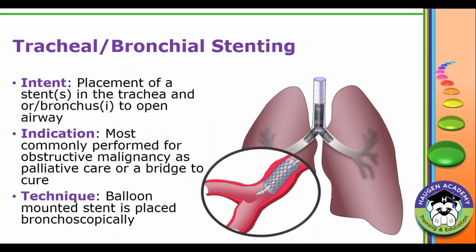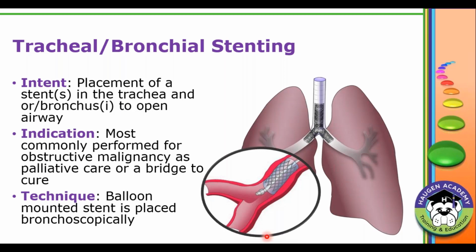For tracheal and bronchial stenting, the intent is to place the stents in the trachea or the bronchus to open up the airway. And for those of you who are into cardiology or interventional radiology, the vascular stuff, it's the same concept. You can balloon it open, or you can balloon it open and then place a stent.